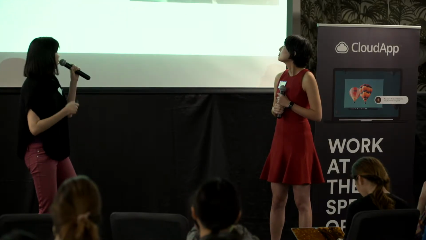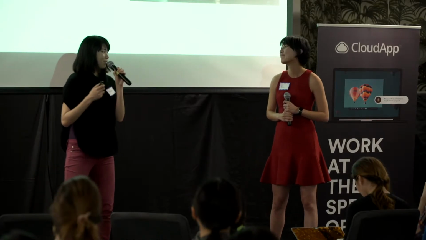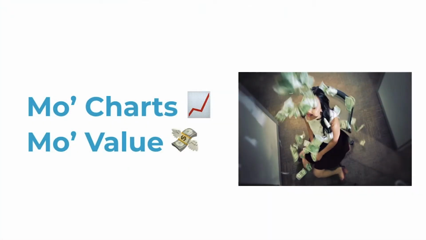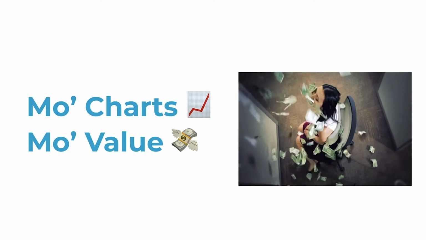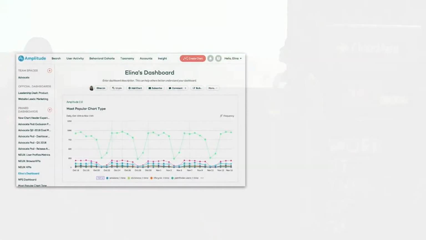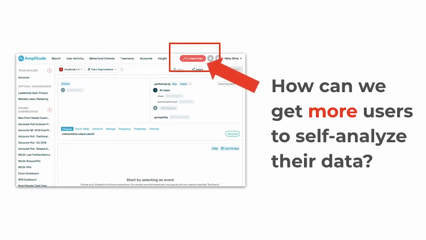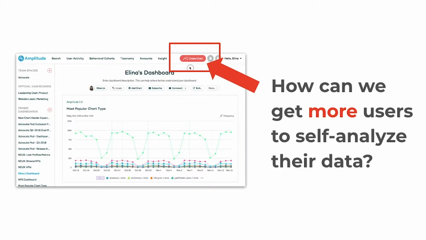As a product team, we have a strong belief that there's a correlation between the more charts, the more value the user receives, and in turn, we as a company are more successful. And so there is this problem of users that we've identified. There are users who come into the app on a regular basis, so they're pretty active, but they're not actually creating any charts.